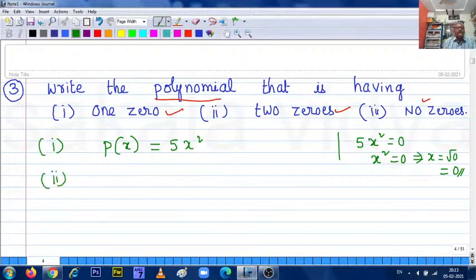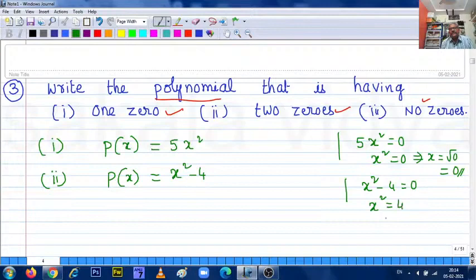Example for two zeros: say p of x is equal to x square minus 4. If you equate x square minus 4 to 0, you need to get two x values, then we say that it has two zeros. X square is equal to 4, x is equal to square root of 4, so you get plus or minus 2.